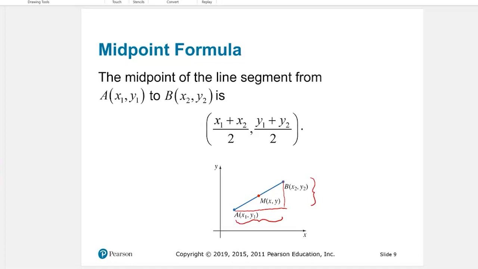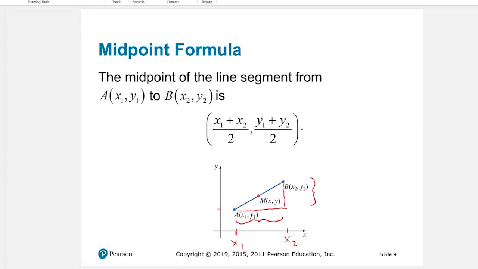Whenever I want to find the average of something, I take all the numbers, I add them up, and I divide by the number of numbers I have. But here, I just have two numbers, right? I have an x1 value and an x2 value.